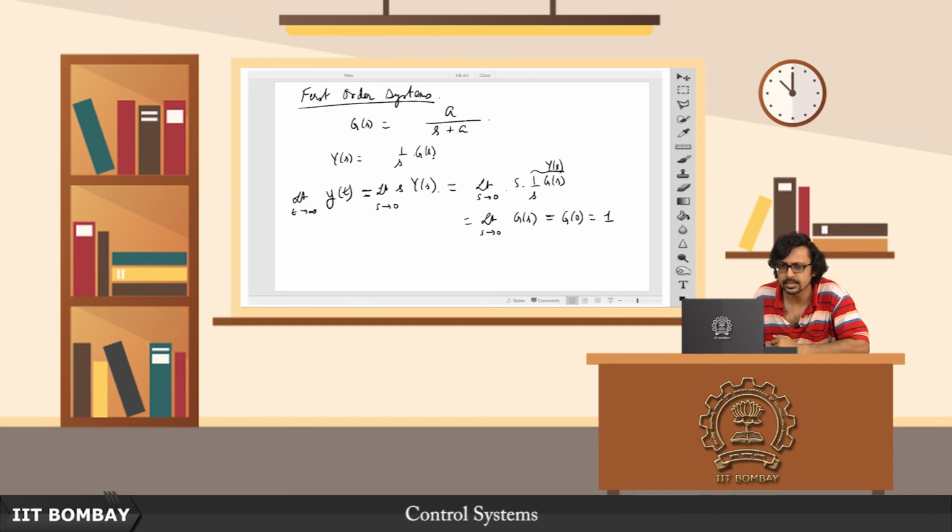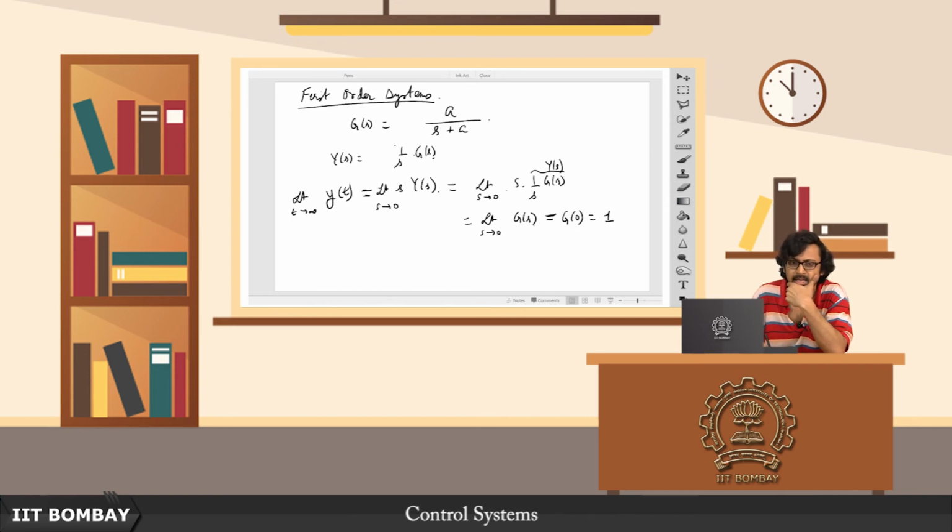Because we know that for a linear system, if the response due to an input u is, say, y, then the response due to alpha times u is alpha times y. Similarly, if the system G responds with y, then the system alpha times G responds with alpha times y, because whether you are multiplying this alpha with the system's transfer function or with the input u, it really does not matter.